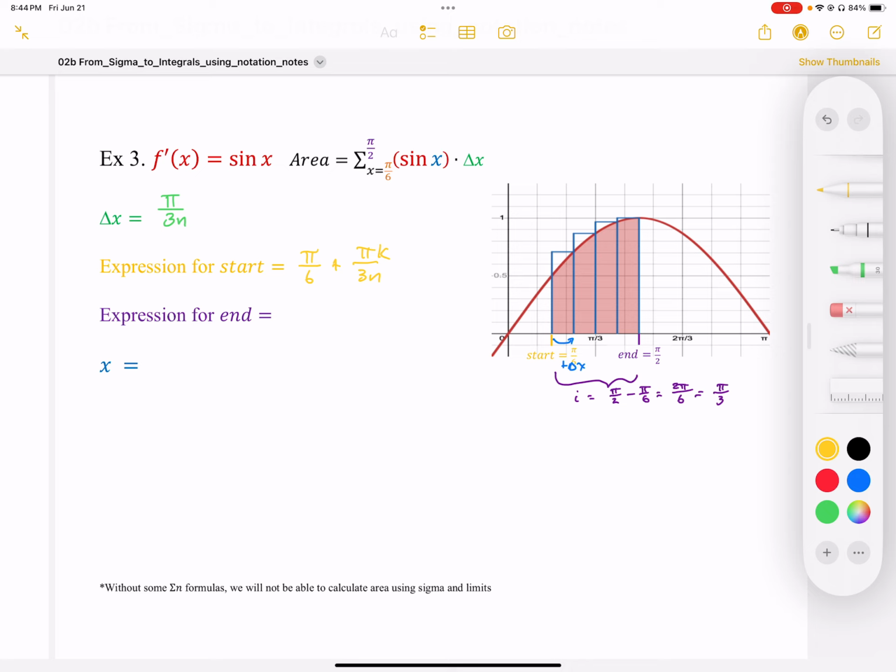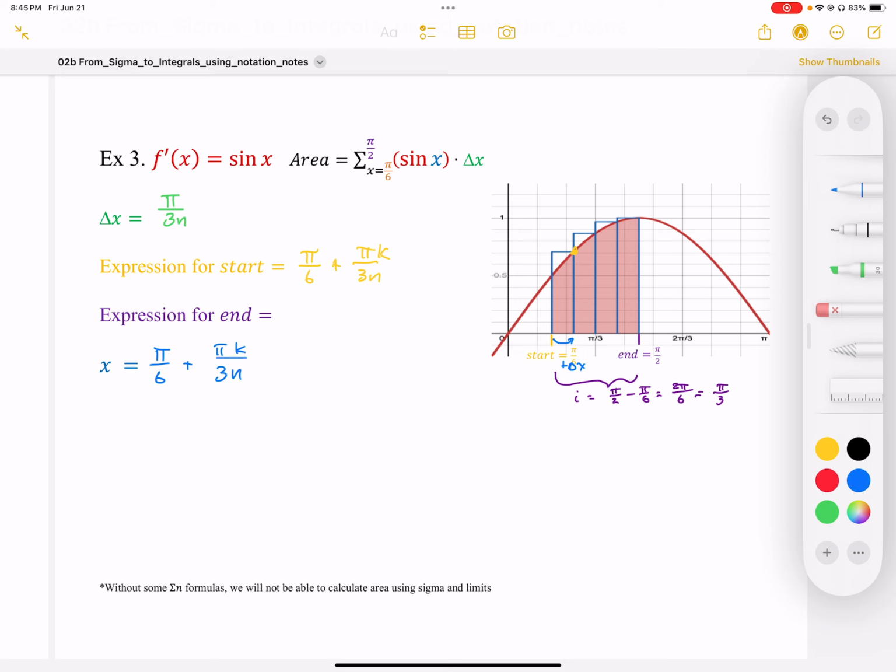So when k equals 1, I have the right-hand height. So I'll have the height at this point. So for every x value then, I'm going to go pi over 6 as the starting value, plus for every k value, I'm going to move over 1 delta x.